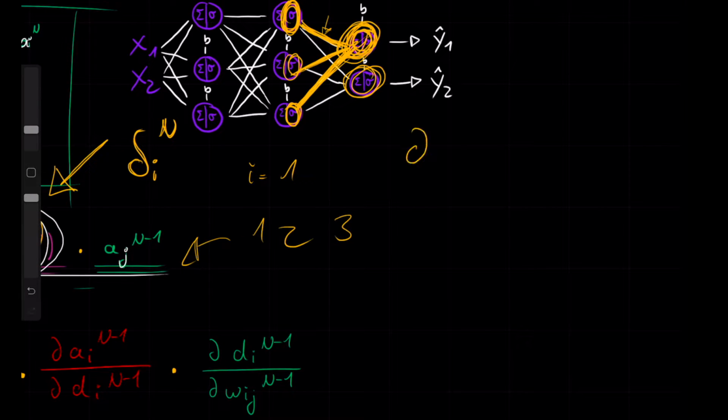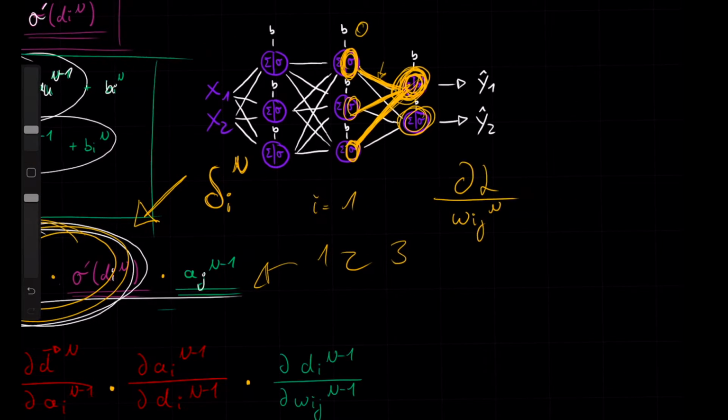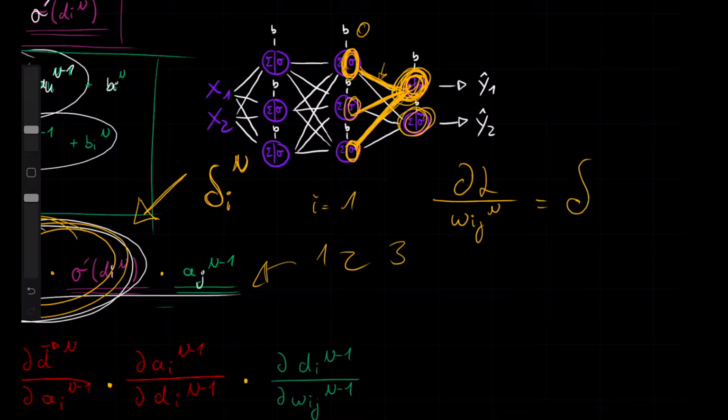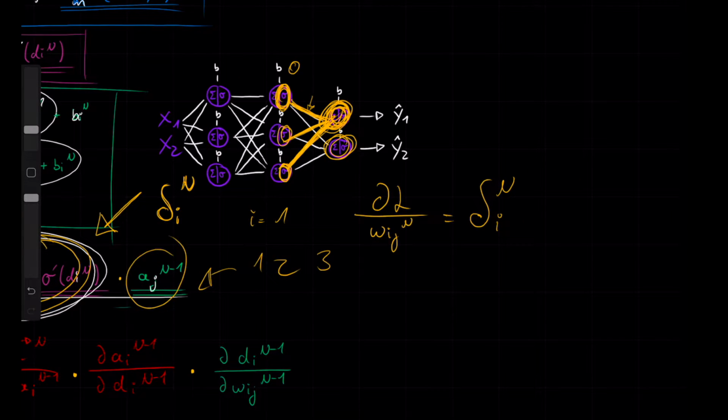So when we take the partial derivative of our loss function with respect to a weight ij in the nth layer, then we have this part here, which will be our error signal, and then multiplied by this part, so the activation of the jth neuron from the previous layer. And this does now already look much simpler.